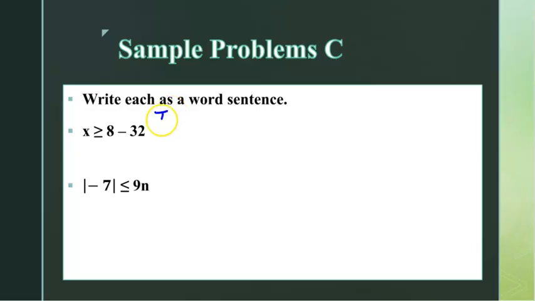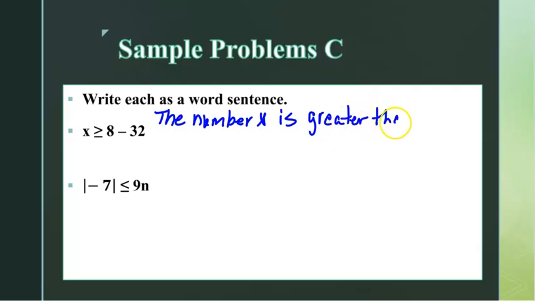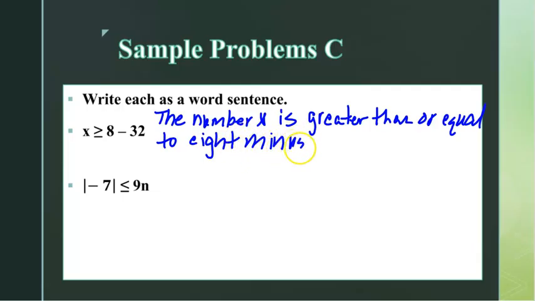Let's say the number x is greater than or equal to 8 minus 32. Now you don't have to be real fancy with it, just keep it as simple as possible.